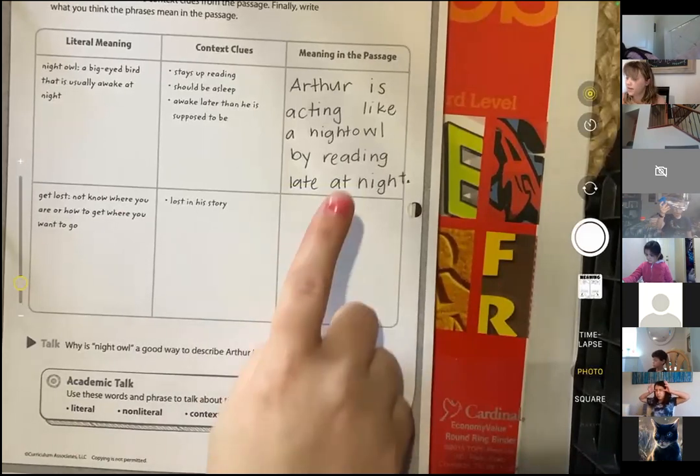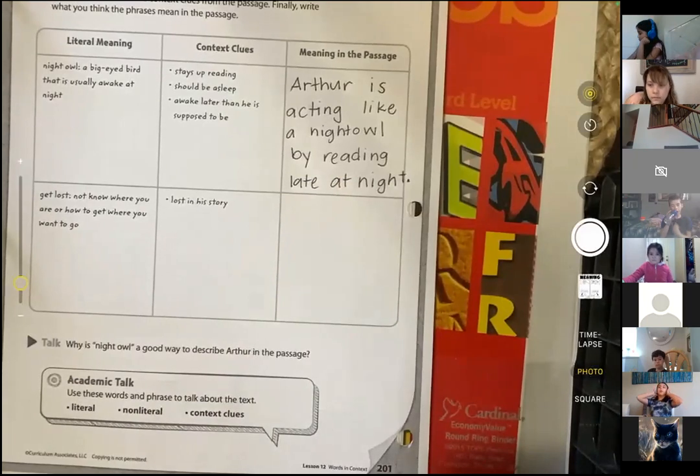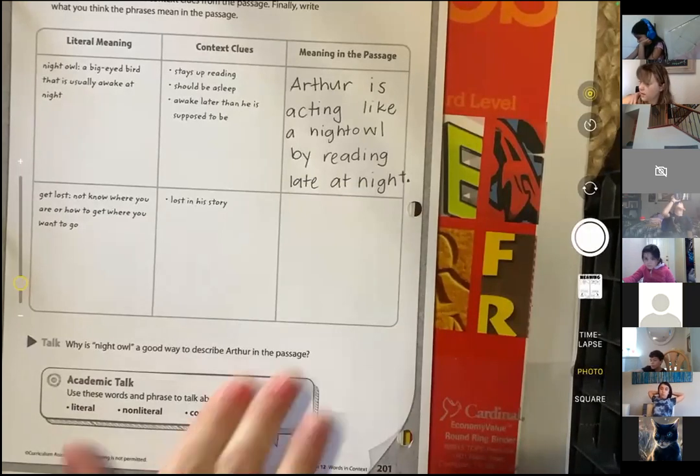So make sure you write this down. And if you want to try the next one, you can.